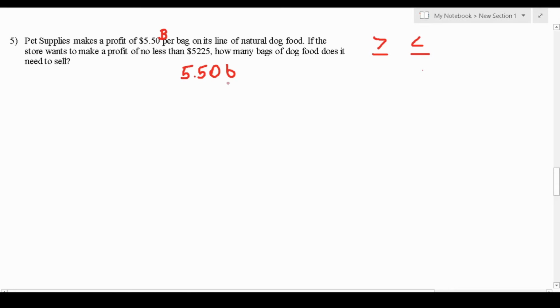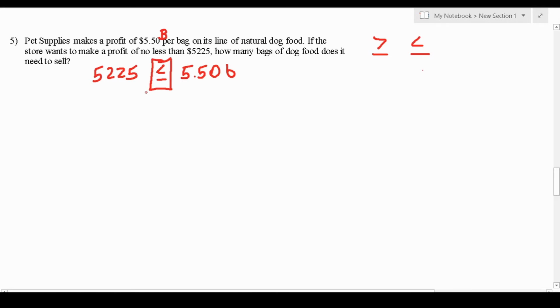It makes $5.50 a bag, so we're going to have to put our box there to figure out which of those two inequality signs we're going to put in there. And again, the profit has to be $5,225. And in this problem, it says the profit, which we represented as $5.50 per bag, has to be greater than or equal to 5,225. So we're going to use the greater than or equal to sign there.